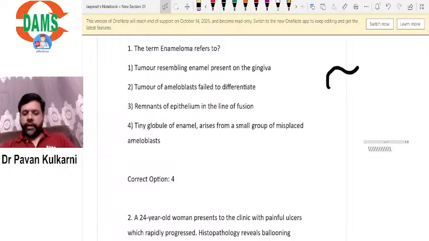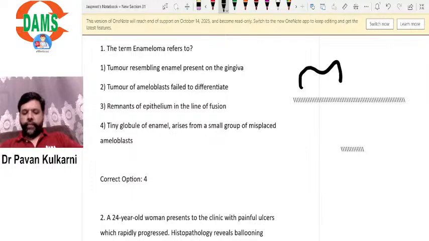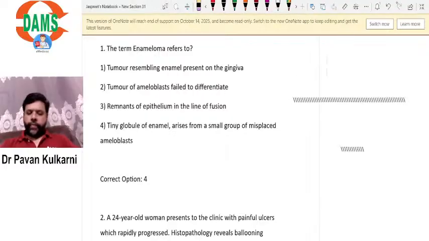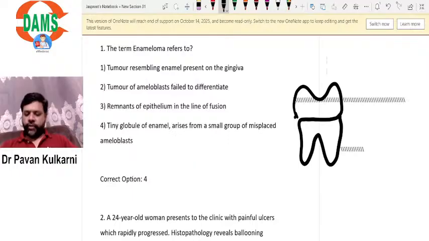Suppose this is a tooth. At the area of furcation, you will see a globule of enamel.